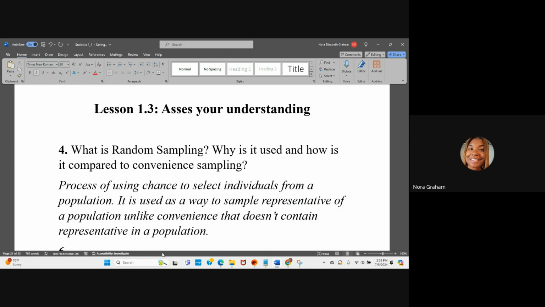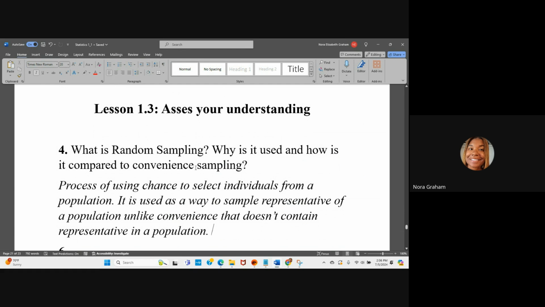Or here's another good example. If you want to see how many students at your whole college like ice cream, and instead of handing the surveys out in the quad area of your campus, you just hand out the surveys to all the people in your math class, that is going to be convenience sampling, and that's not good.